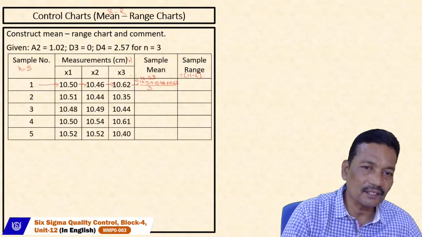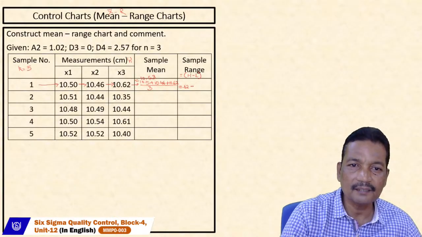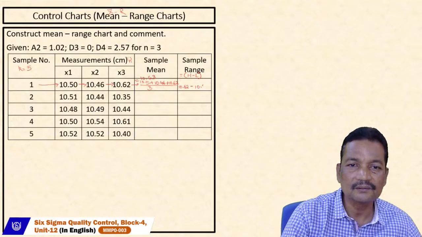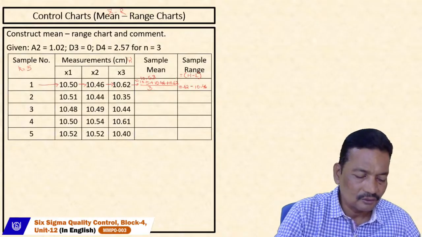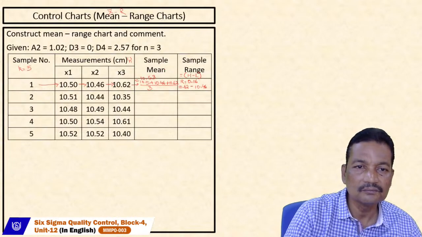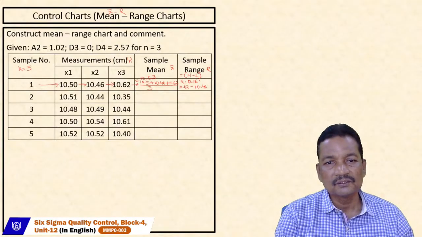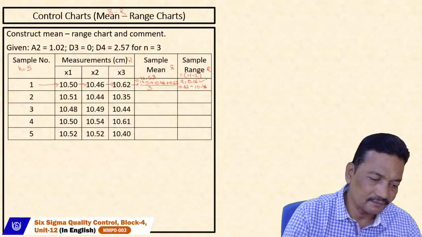Now in this particular first sample, highest value is 10.62 minus lowest value is 10.46. So I get a value of 0.16.